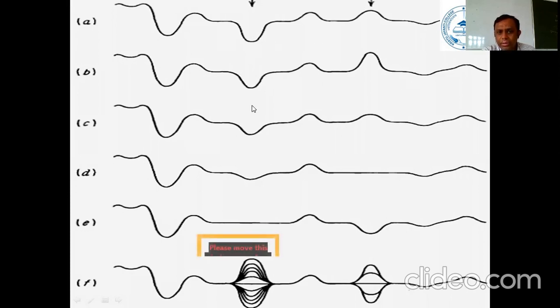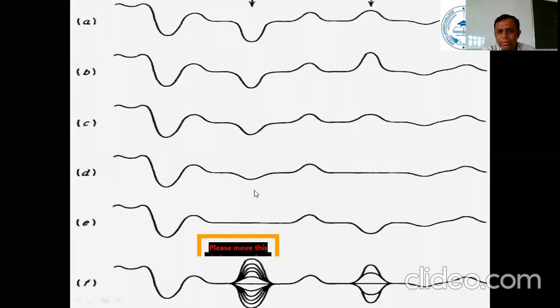Now when I compare the next pairs, there is a change between these two signals, and again there is a change, and the change keeps appearing.